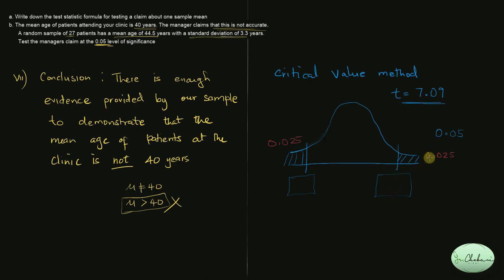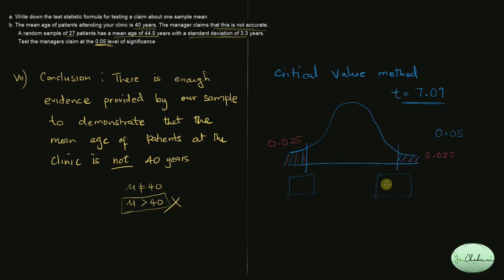So the critical value will be a t value on the t distribution where we have an area of 0.025 on the right side of that number, or an area of 0.025 on the left side of that number. Remember that this t distribution is symmetrical.